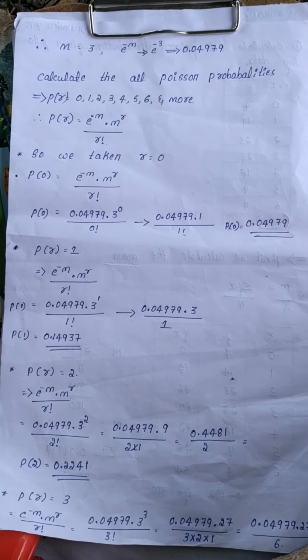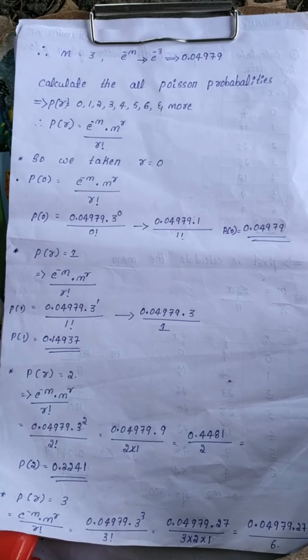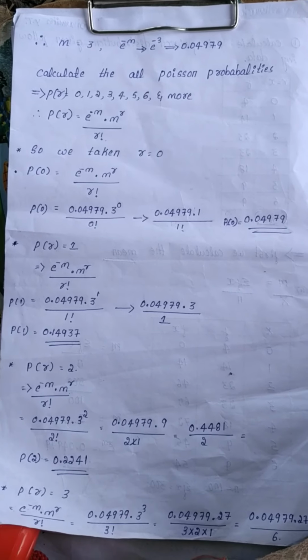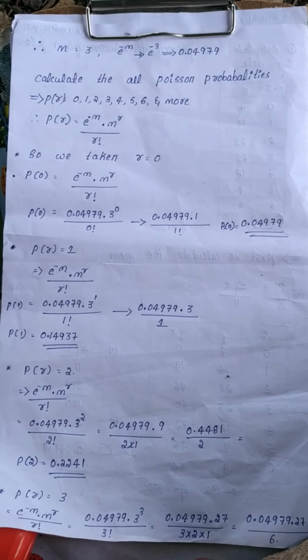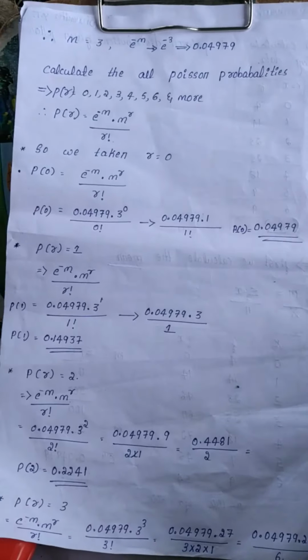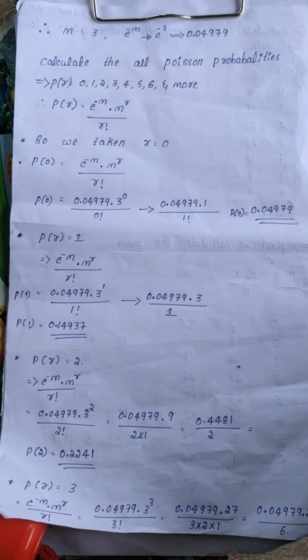0.04979 into 3 power of 2, which means 3 into 3 is 9, divided by 2 factorial, which is 2 into 1. It is multiplied by 9 and divided by 2. Then P of 2 is 0.2241.